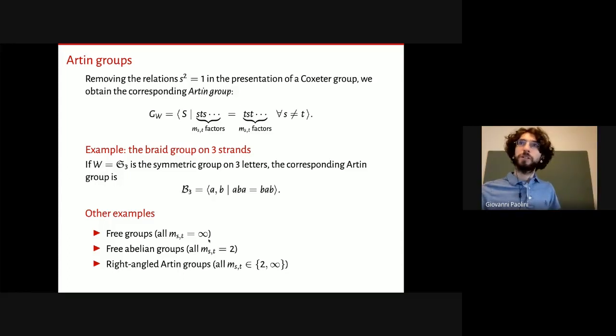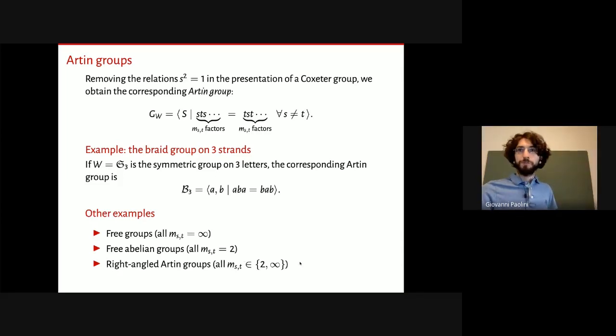So conventionally, we say that the length of all relations is infinite. This basically says that there are no such relations. On the opposite side, we have free abelian groups where all the relations have the minimal possible length, which is 2, and the corresponding relations are commuting relations, like ST equals TS.